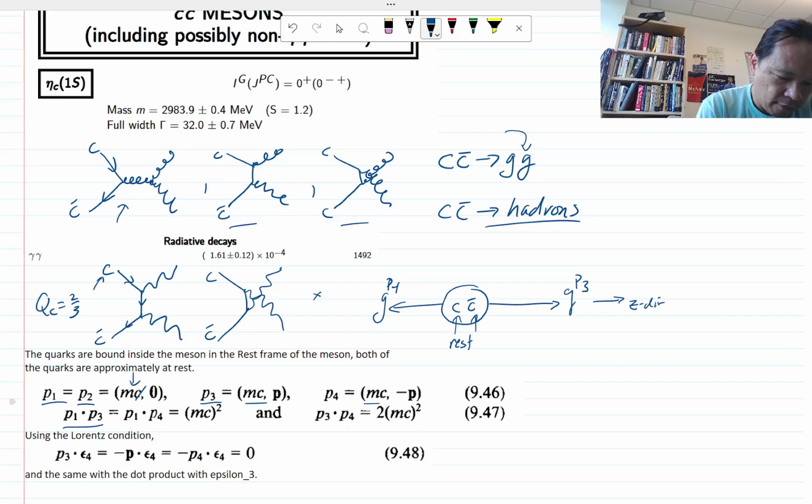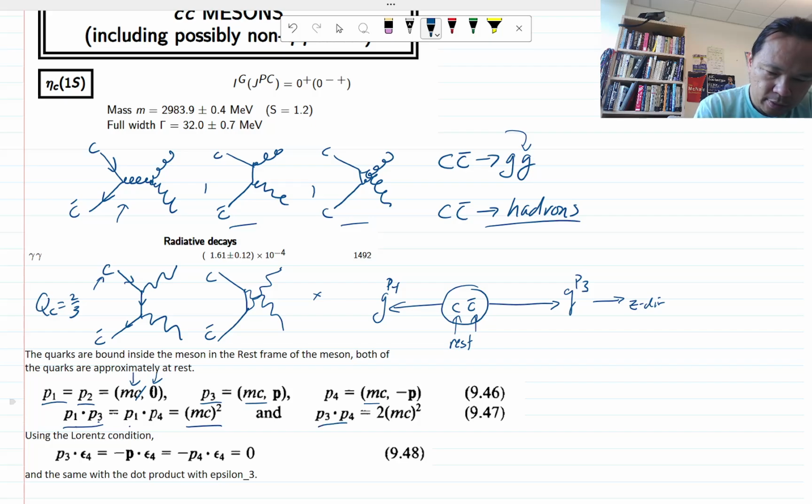So now that we have all these 4 momenta, P2.P3 and P1.P3, P1.P4, that's going to be MC squared, because initially P1 is at the rest frame, then anything dotted with that will just pick up the energy term.